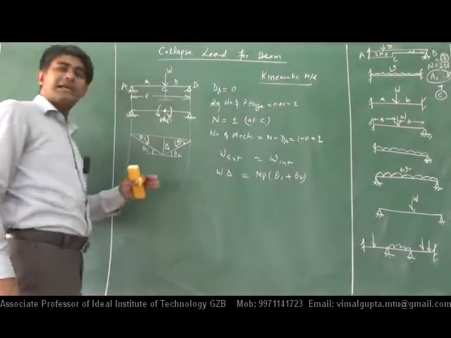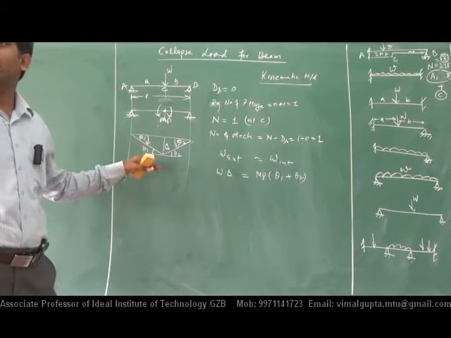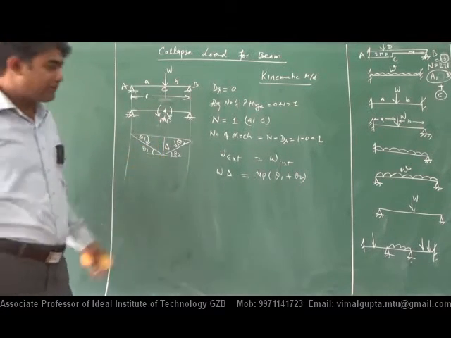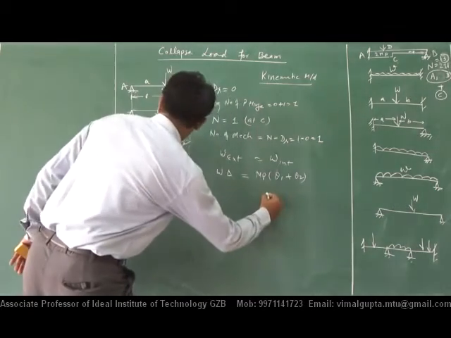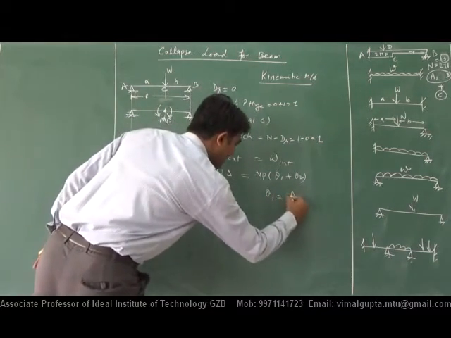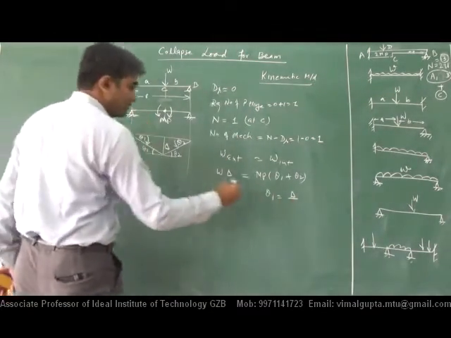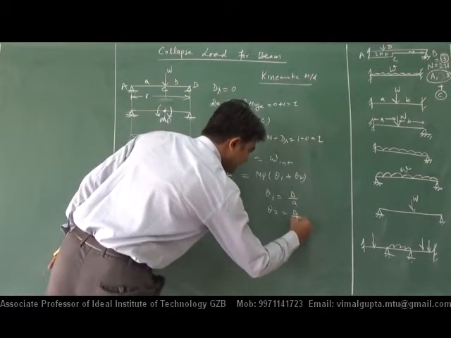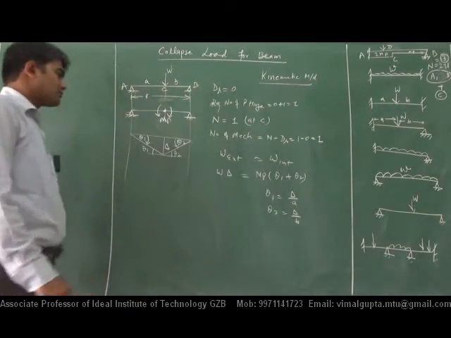The plastic moment at the normal hinges will not be considered here. Only this one will be considered. What will be the values of theta 1 and theta 2? We can calculate them using similarity: theta 1 equals delta by A, and theta 2 equals delta by B.